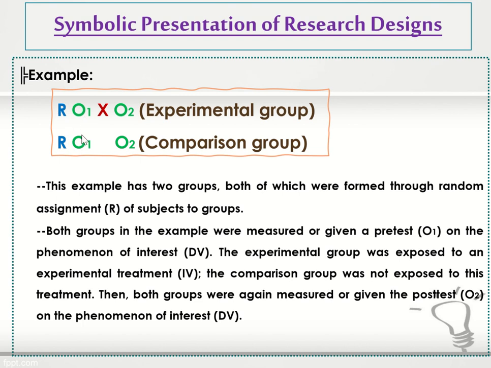And then we had pre-tests for both groups. And then we gave the experimental treatment to the experimental group while we did not give the intervention to the comparison group. After which, nag-observe ulit tayo, which is indicated by O sub 2 for both experimental and comparison group. So that is our symbolic presentation example.